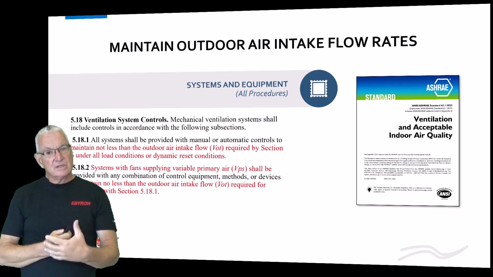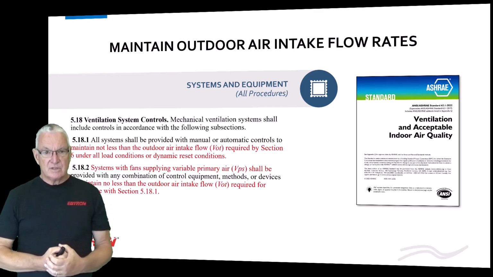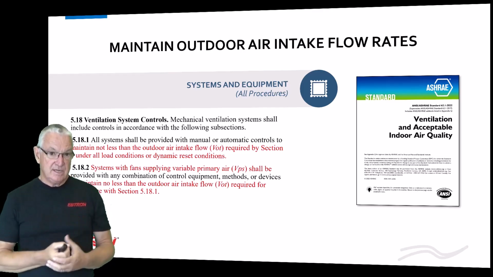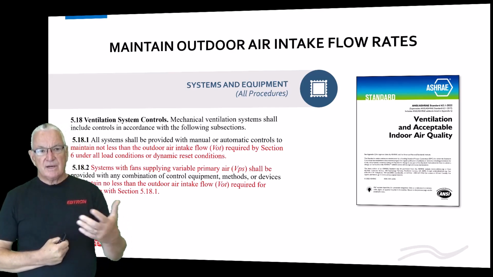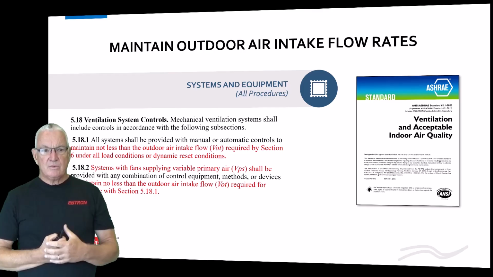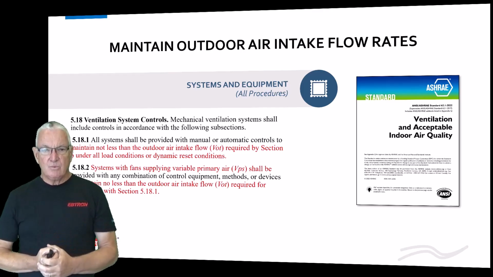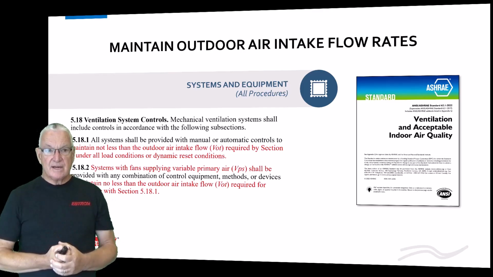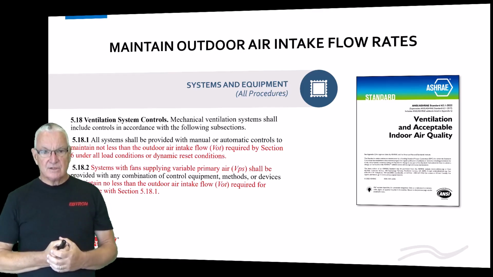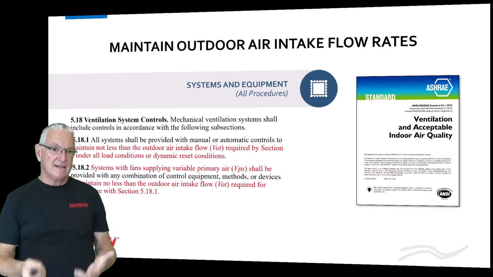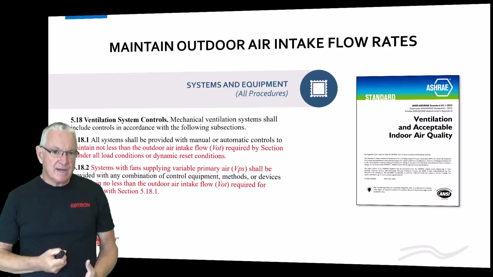We keep going with systems and equipment. And again, this applies to all procedures. There at 5.18.1, all systems shall be provided with manual or automatic controls to maintain not less than the outdoor air intake flow required by Section 6 under all load conditions or dynamic reset conditions. Again, that's only going to happen if you're measuring it.